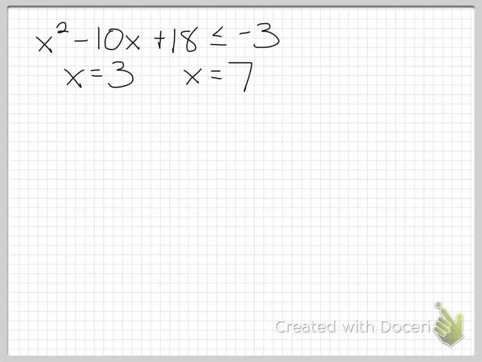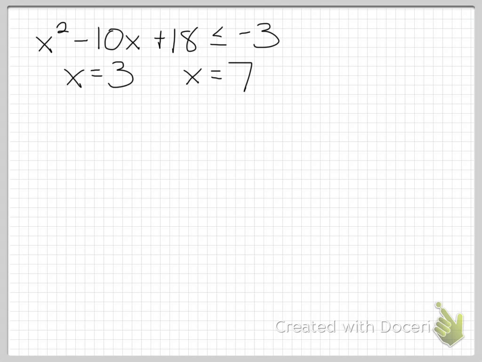So in order to consider the inequality and figure out the range of where the solutions would be, I have to consider every possible side or interval around those critical points, x equals 3 and x equals 7.